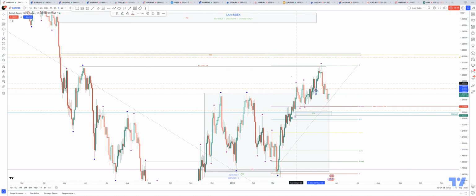Okay. Now, for price to be bearish, we need that demand zone to be broken, to be invalidated, which it has. Okay. Now, that liquidity has been taken. So, for me, this is a change of character, right?